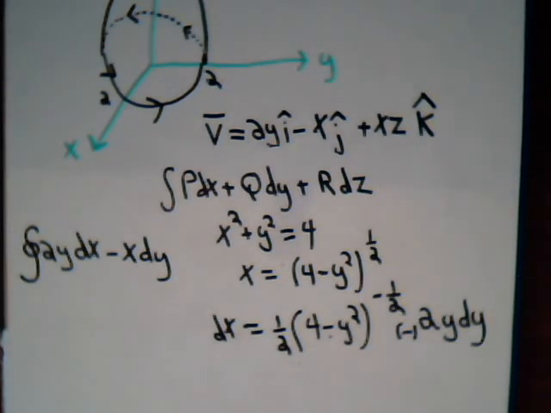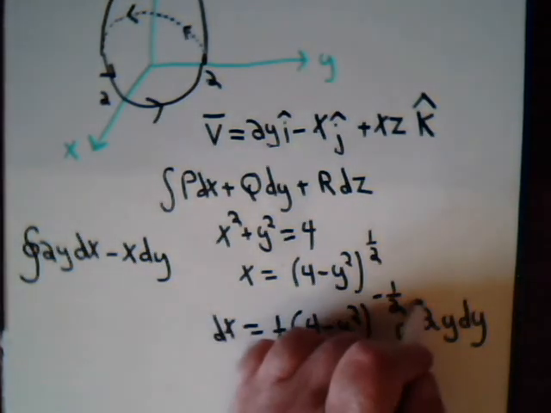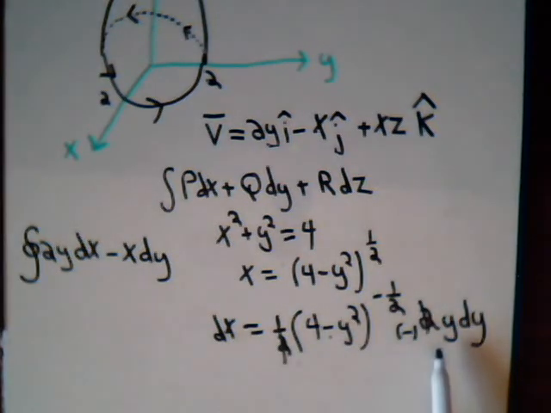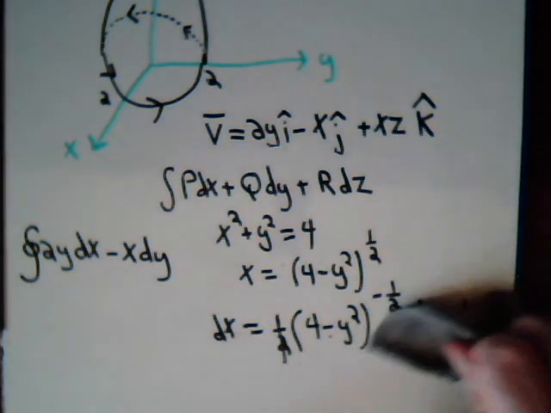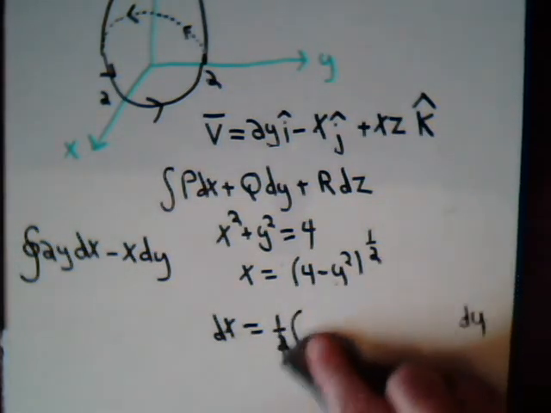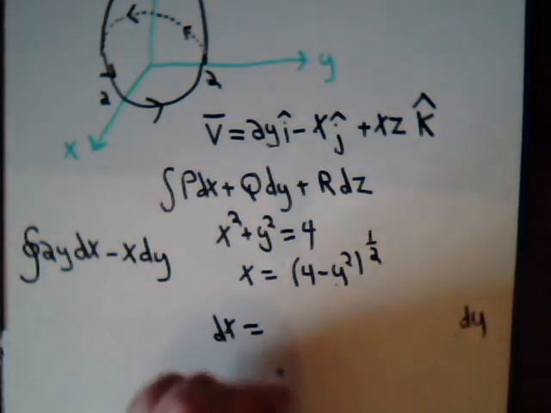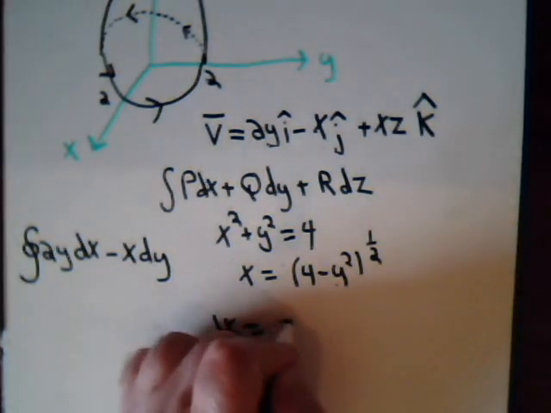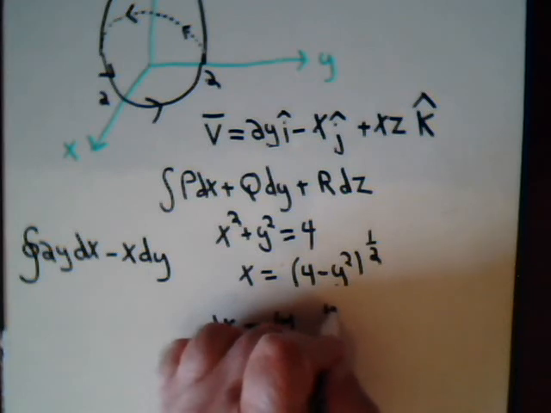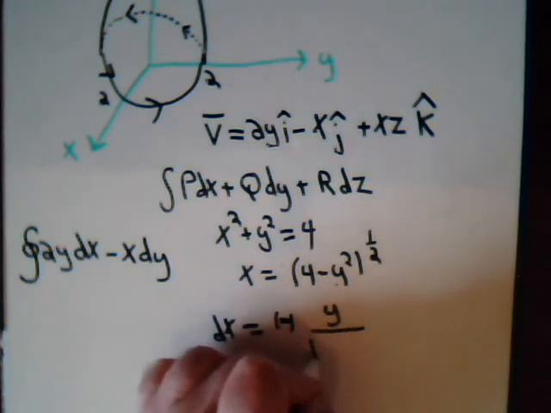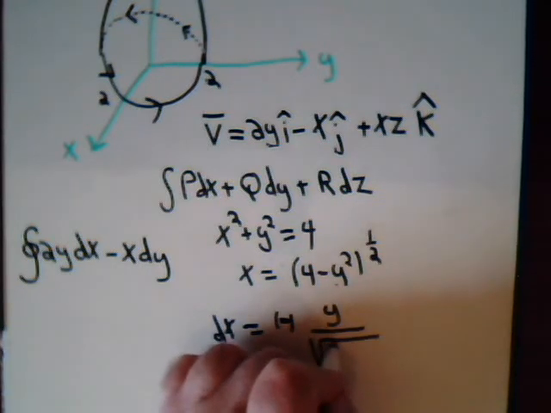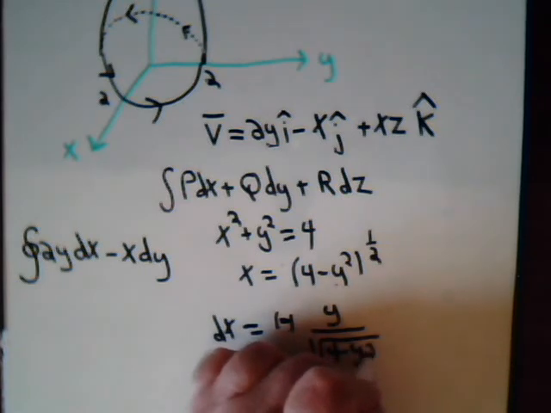So dx will equal minus y dy over that square root. So let's write it like that then. We have minus y divided by the square root of 4 minus y squared dy.